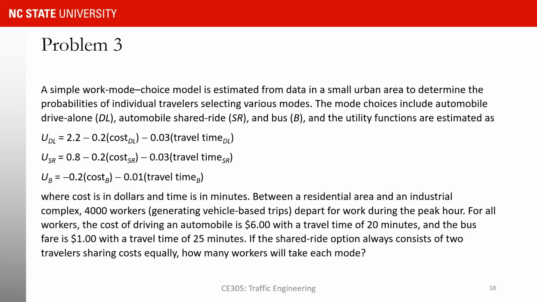So let's take a look at problem 3. We now focus on mode choice. The problem is giving us 3 utility functions, and it's asking us, if we have 4,000 workers, and the cost of driving is $6.